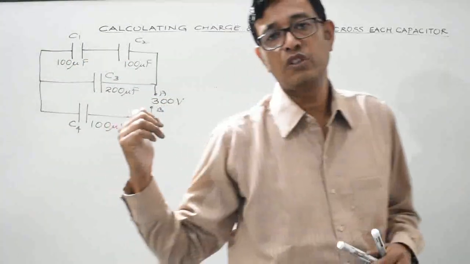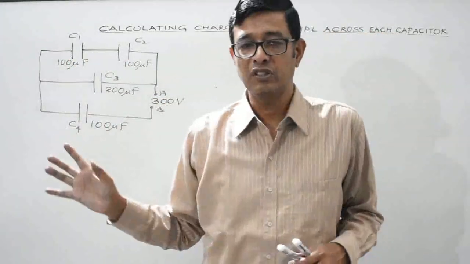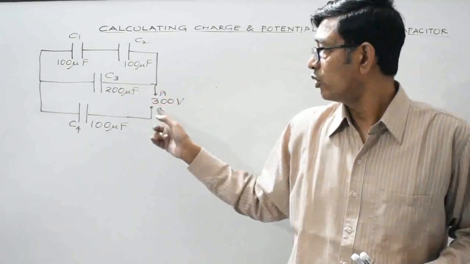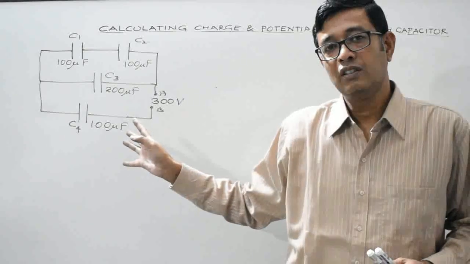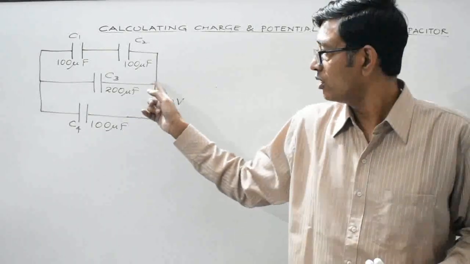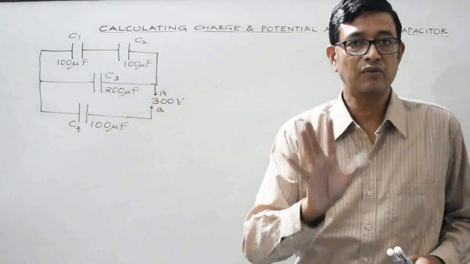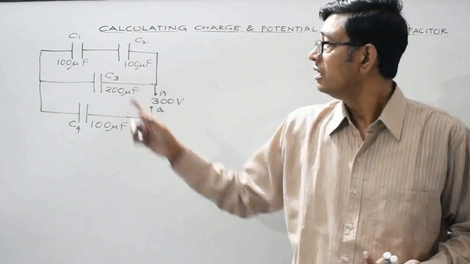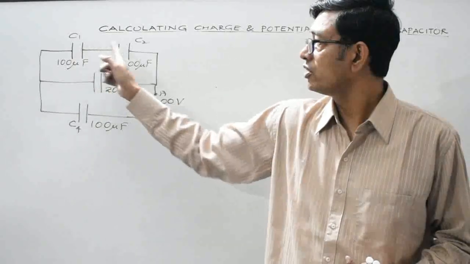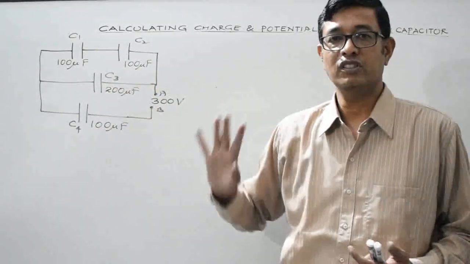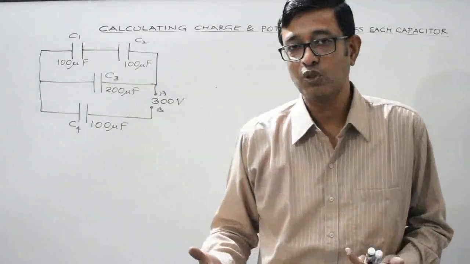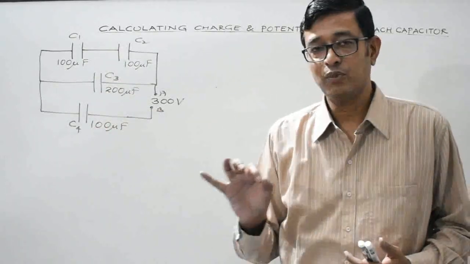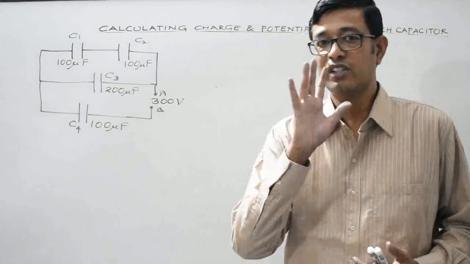So students, considered on the circuit diagram, 4 capacitors C1, C2, C3, C4 are given, and they are connected across the points A and B as shown in the figure, and the net potential difference between these 2 points A and B is given to be 300 volt. Our objective is to determine the charge and the potential difference across each capacitor. So how many answers are we supposed to obtain? 8 answers, right? Charge and potential across the plates of each capacitor.